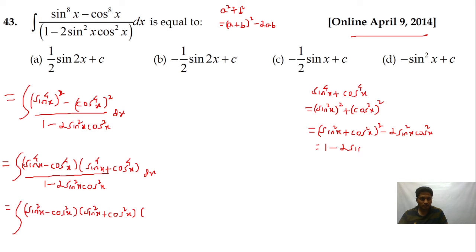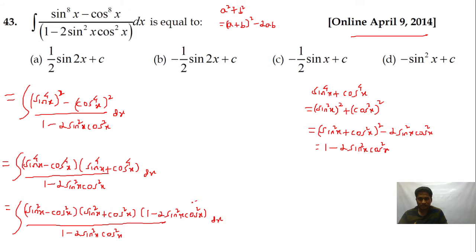Upon sin square x and then cos square x. So this is 1 minus 2 sine square cos square, that is sine power 4 plus cos power 4, and then whole divided by 1 minus 2 sine square x and cos square x dx.